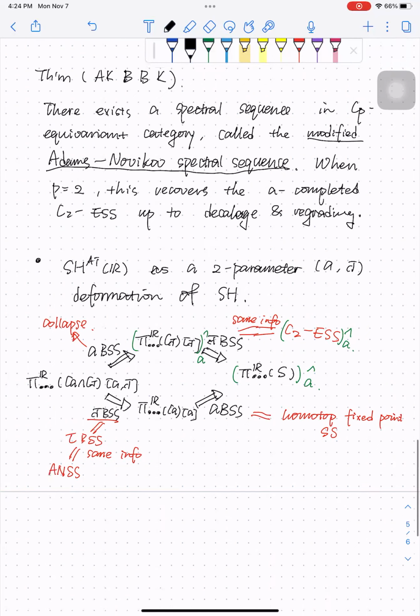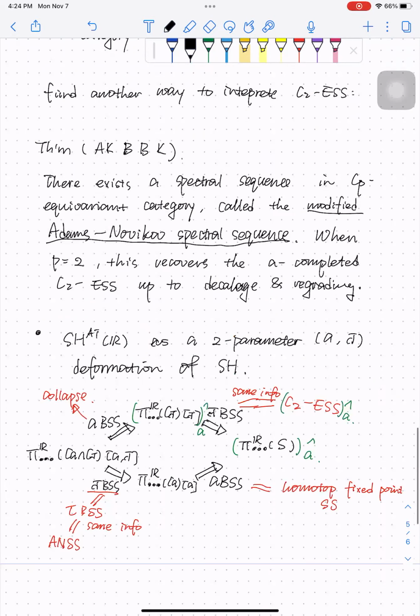So if you allow a completion, then we have a construction of that question mark category. It uses a technique of synthetic spectra or filtered spectra.